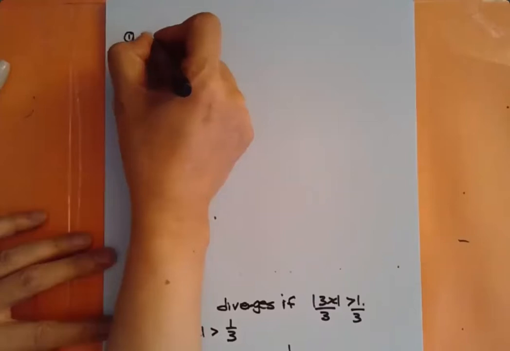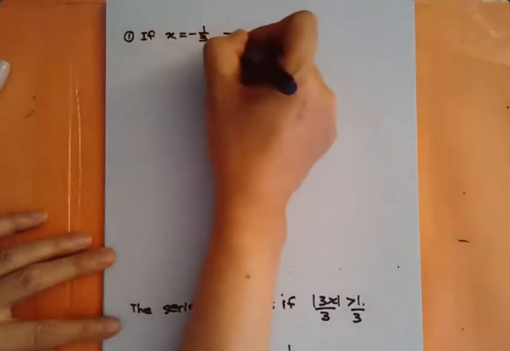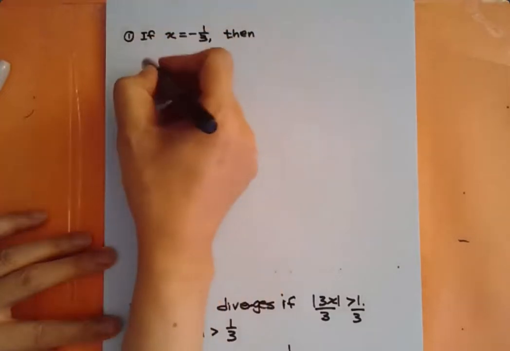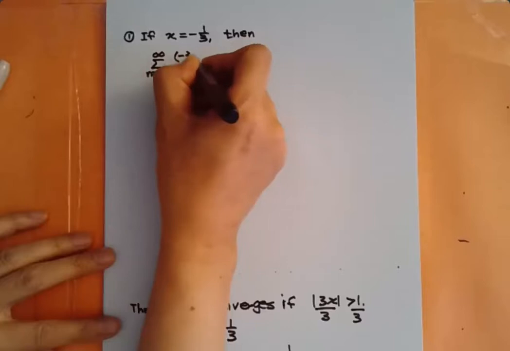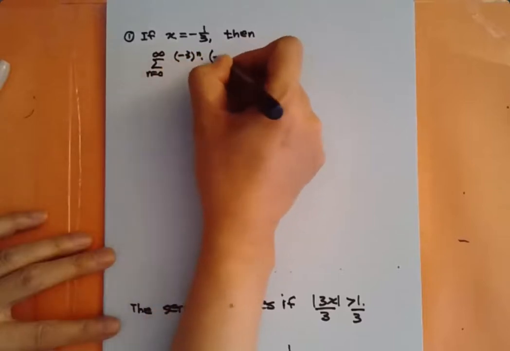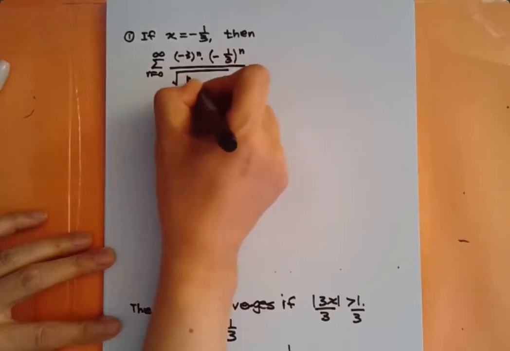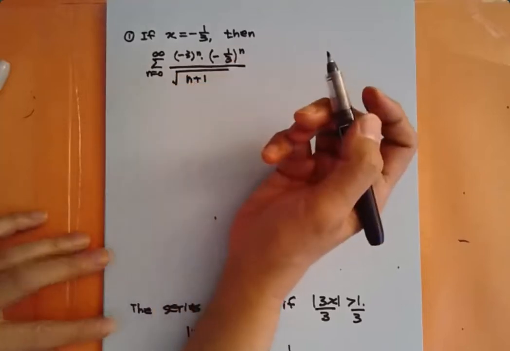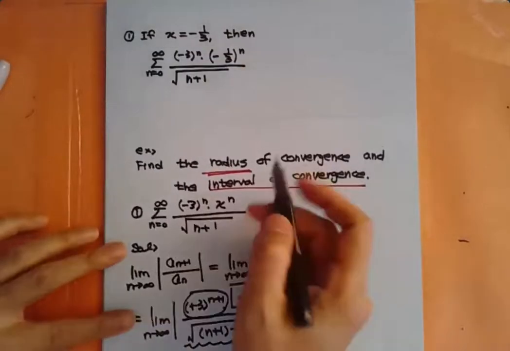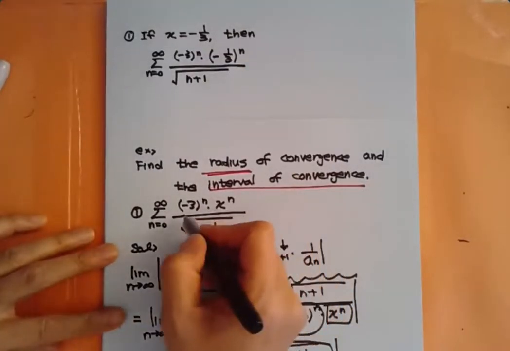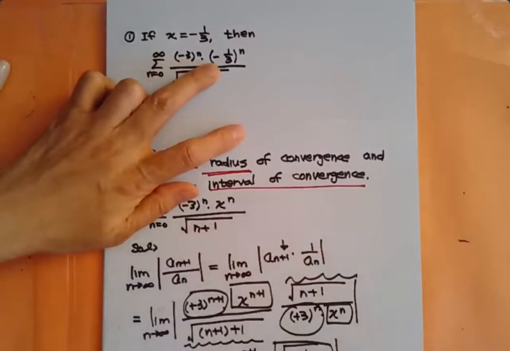The first case is if x is negative 1 over 3. Then the summation n equals 0 to infinity of negative 3 to the n power times negative 1/3 to the n power over square root of n plus 1. So we did a substitution here.